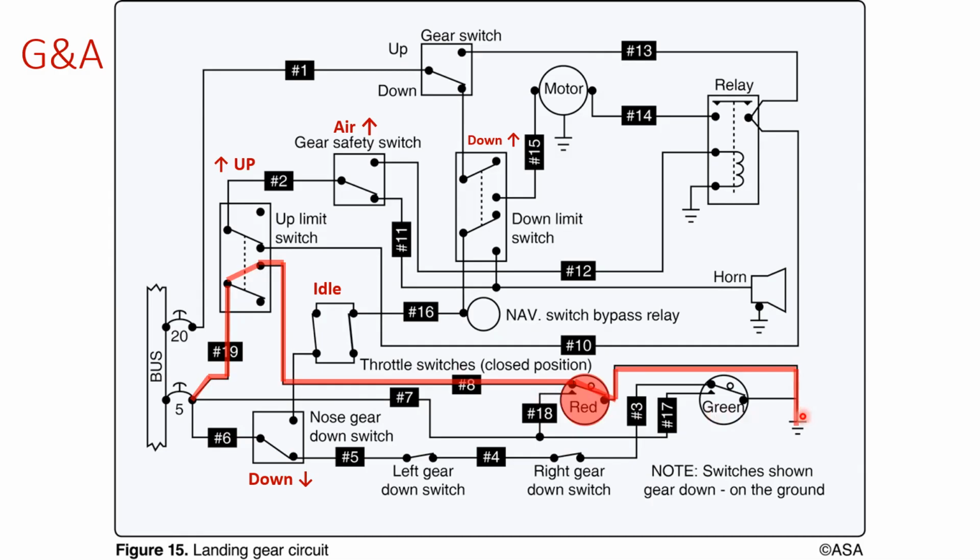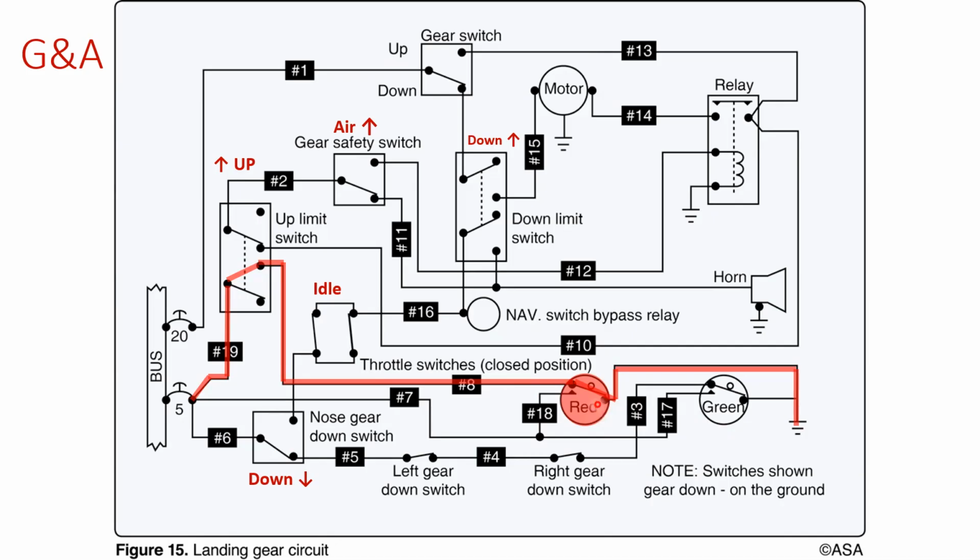So basically that's just completing the circuit through here, and that's what this wire 8 is for, it's hooked up to this one. And so if our landing gear is in the up position, we basically have this red light coming on.